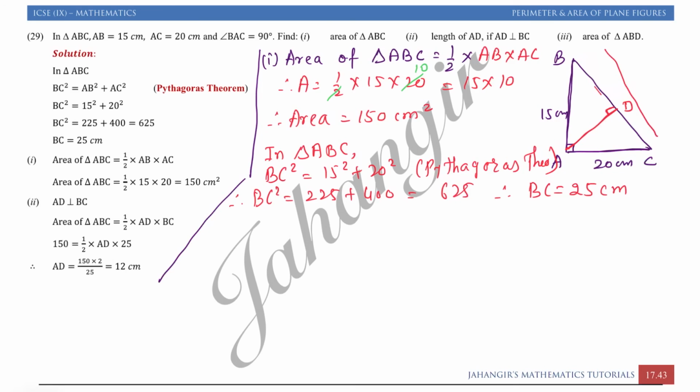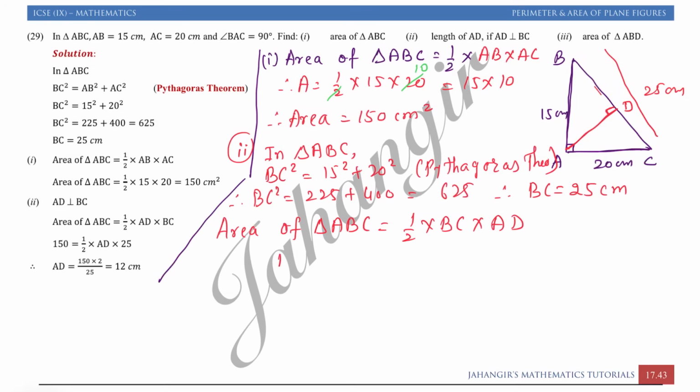So if BC is 25 centimeter, we can say, this is the second part, area of triangle ABC you can write as half into base BC corresponding to the height AD.